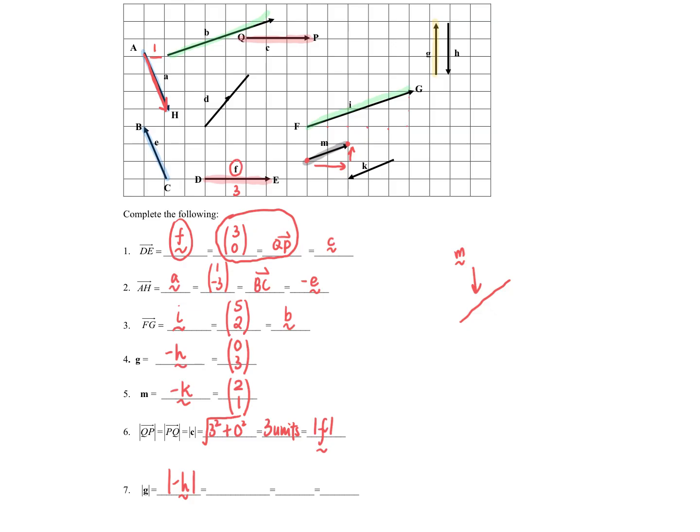I know this one is 2 units and this one is 1 unit. So to find this length, I use Pythagoras theorem: a squared plus b squared equals c squared. So you take a square root, and this will give you the length of M. So you are basically squaring the x and the y.